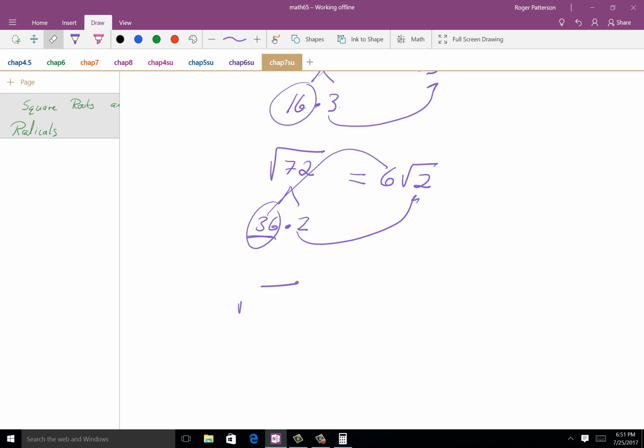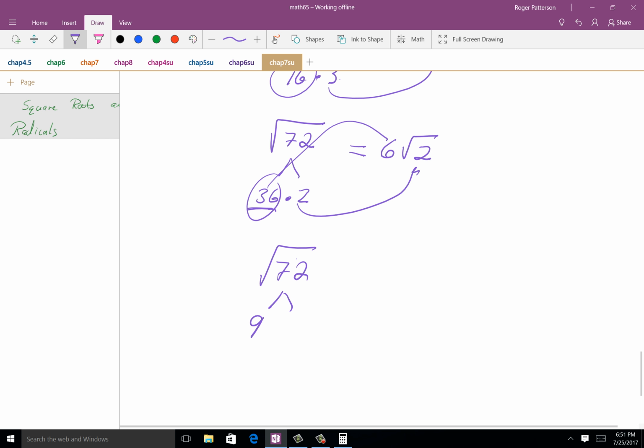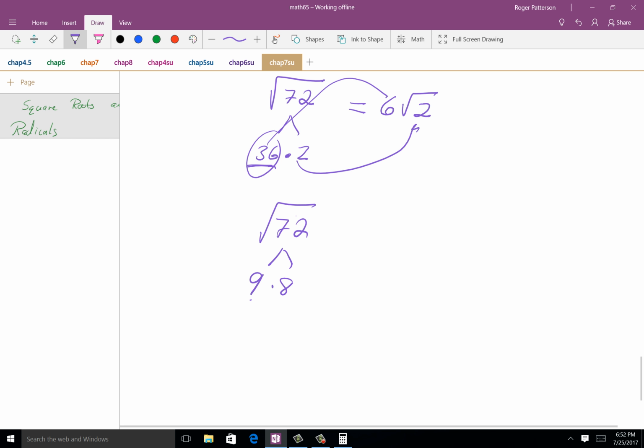Let's do the same thing. Let's say you went with 9, because you didn't know 36 went in there. How many times does 9 go in there? 8. So now the square root of 9 is 3, giving 3 square roots of 8. But the 8 can be broken down, see? It's just like having a fraction that's not completely reduced.